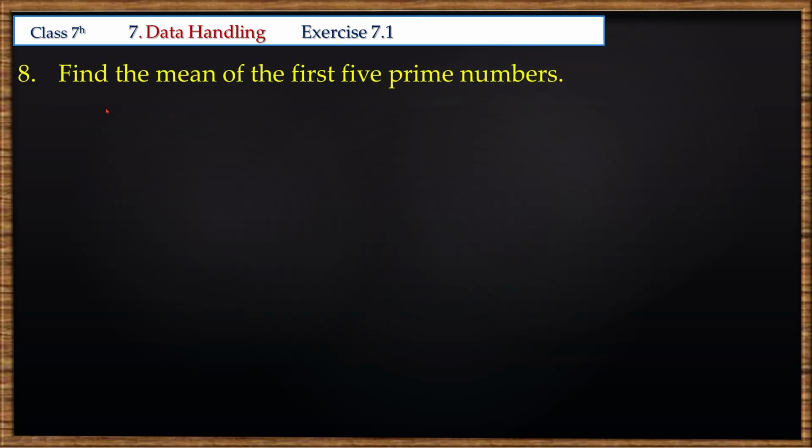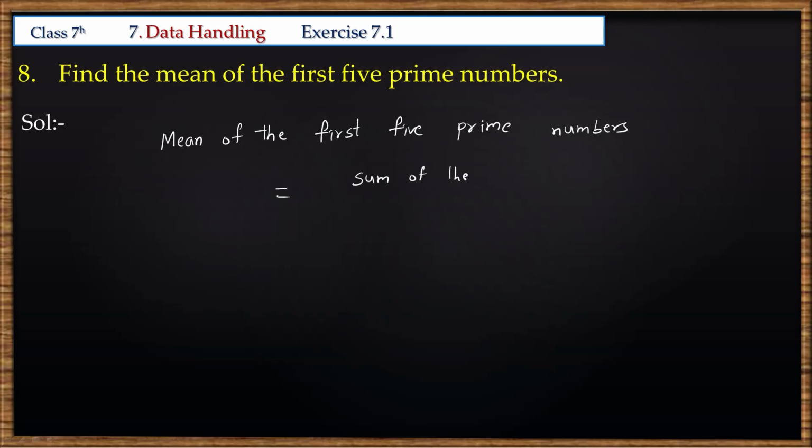Next problem. Find the mean of the first 5 prime numbers. Mean of the first 5 prime numbers is equal to the sum of the prime numbers divided by 5.